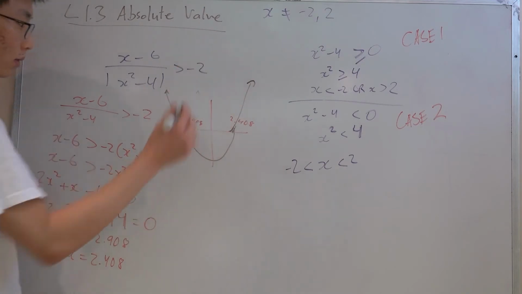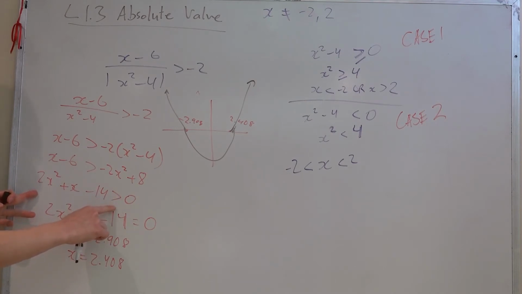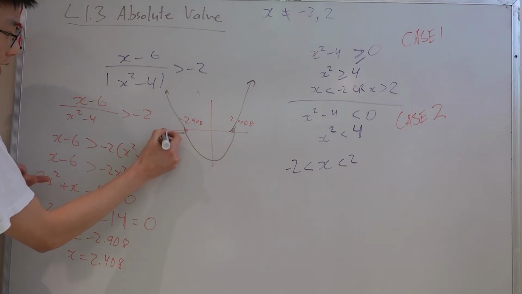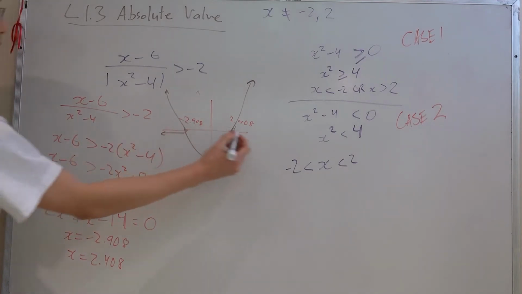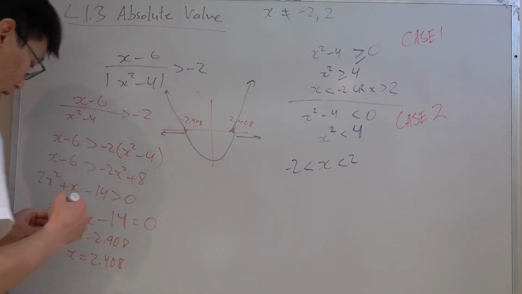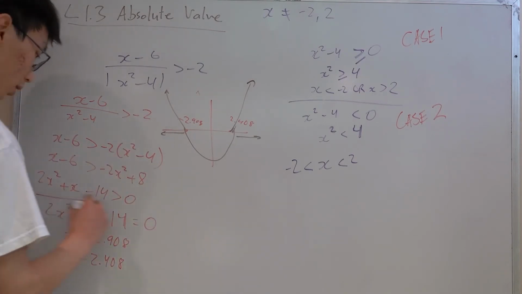Sorry about the drawing. But anyways, our question is asking for when this parabola is greater than 0, and just looking at the picture you can tell that it's greater than 0 for any number here and any number there, right?